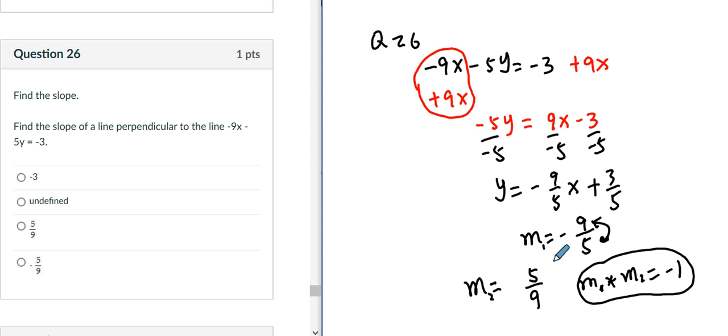This 5 upstairs cancels this 5 downstairs because you flipped. You may wonder why. Right now, you may not understand. Just remember it. Okay? Later on, you will find out the reason. But right now, that's the rule you want to remember. So here the choice will be 5/9, positive. Third one.